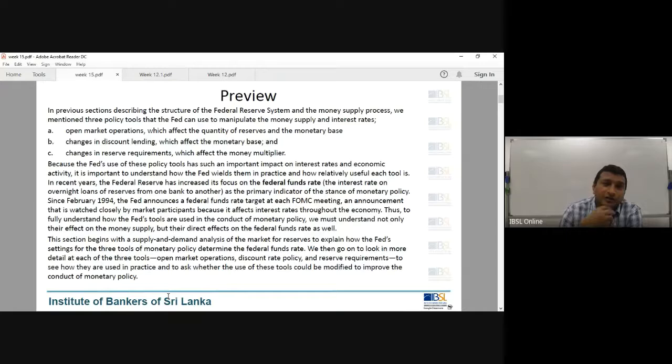So the conventional tools in money supply and monetary policy processes are mainly the open market operation, OMO, which basically influences the quantity of reserves and the monetary base, as you have very clearly seen in our discussions.